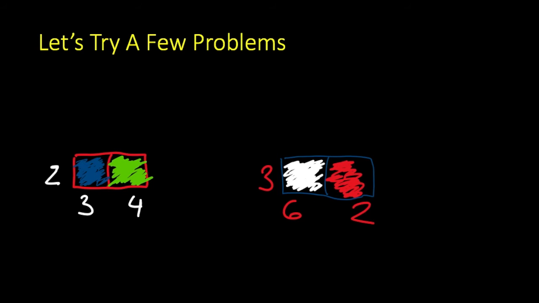So first problem here, we're going to do some distributive property. How we're going to do first is we're going to see, this is going to be length times width. So this is going to be 2 times 3 plus 4.